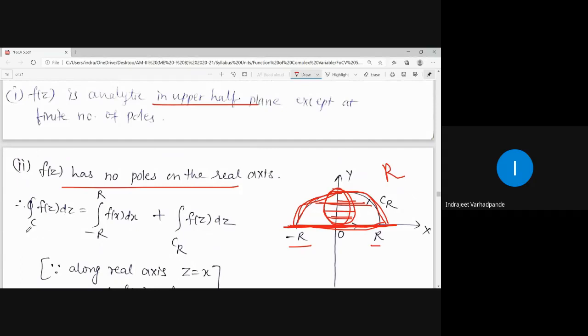So this closed curve C, integral over closed curve C, f of z dz, is written as the integral from minus r to r of f of x dx. Now you will say, minus r to r, why have I not written f of z dz? See, for a complex number z equal to x plus iy, what is the real part of this? The real part is x.